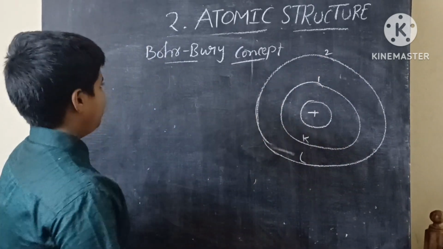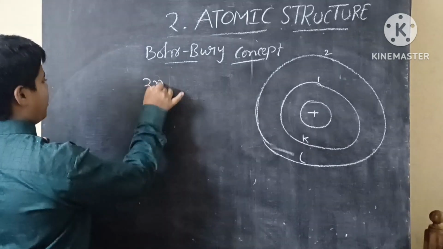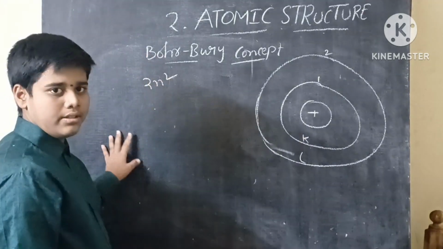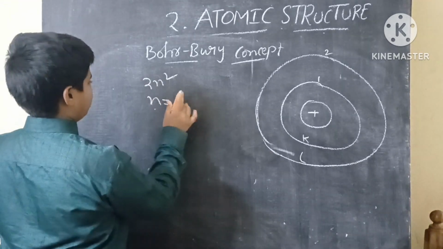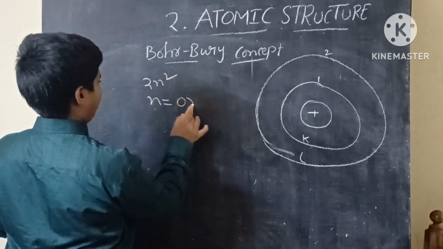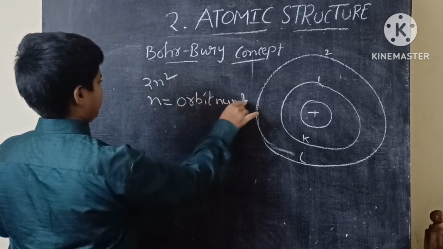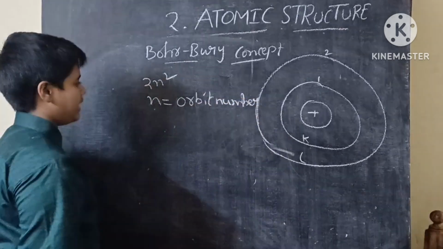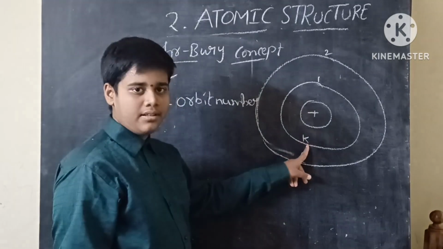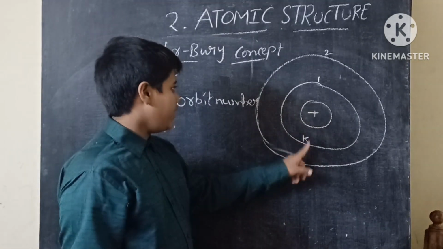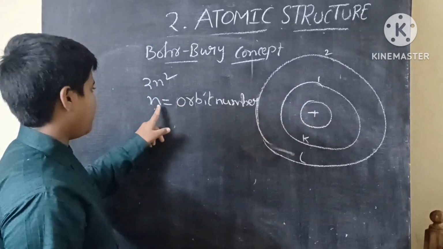Okay, so in this, mainly there is one formula, 2n square. Here n means orbit number, which means if I take K is an orbit which is first, we can substitute n value as 1.